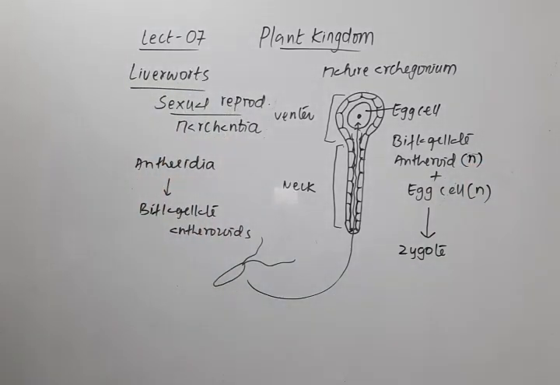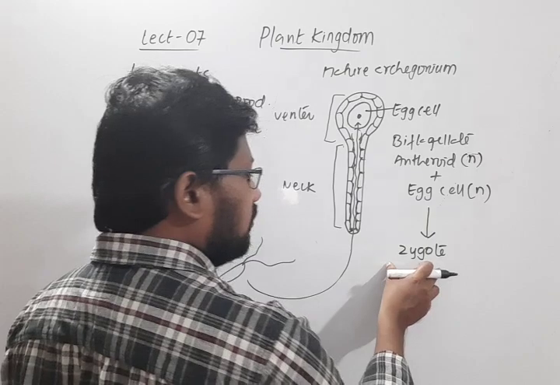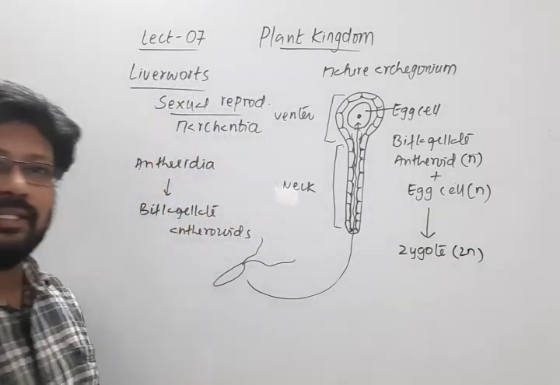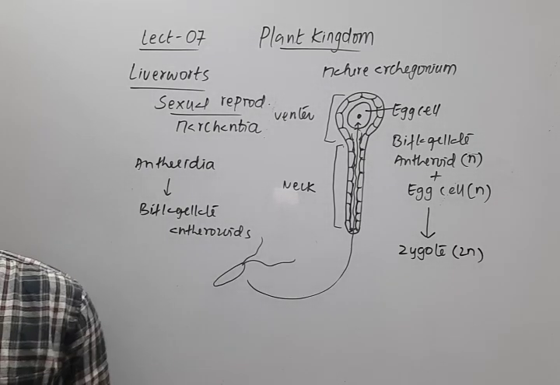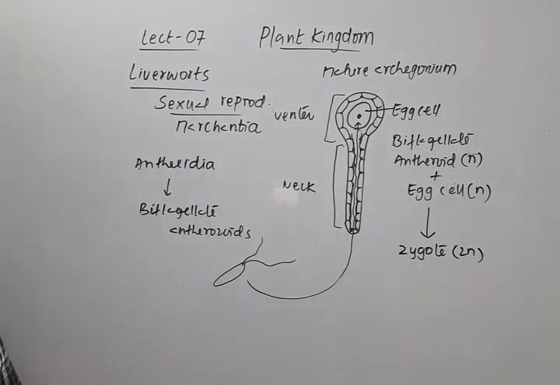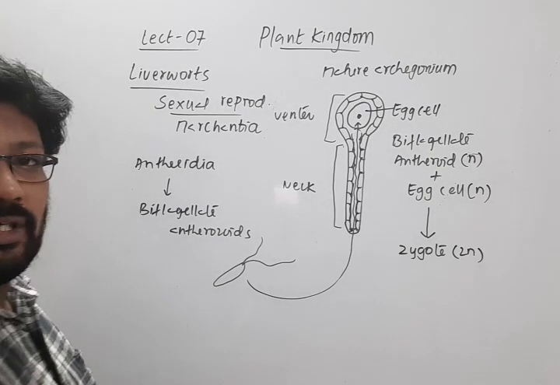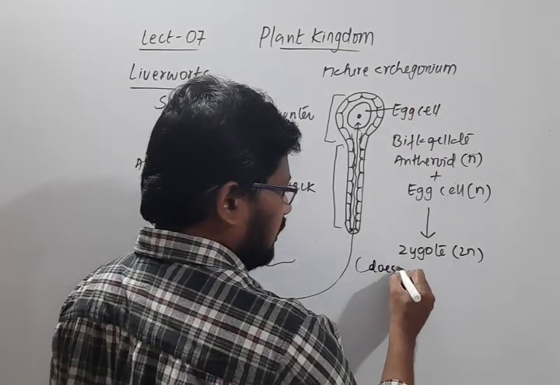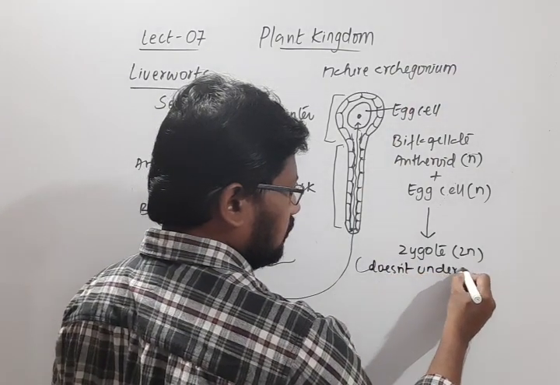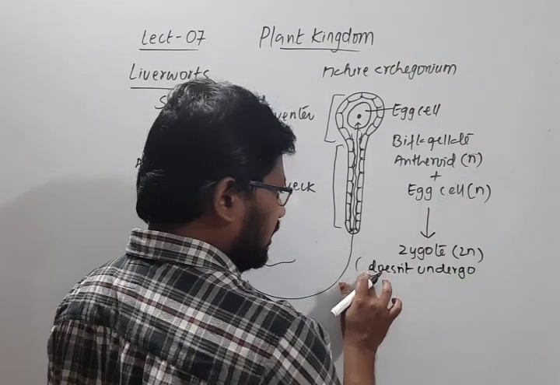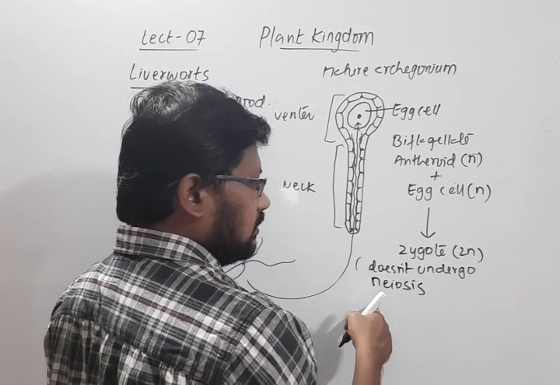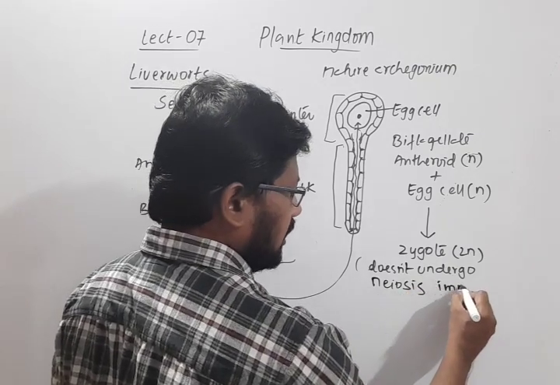When these two haploid cells unite, they form a zygote that is diploid. Now, this zygote doesn't undergo reduction division immediately. That's important. Reduction division means meiosis, so it doesn't undergo meiosis immediately.